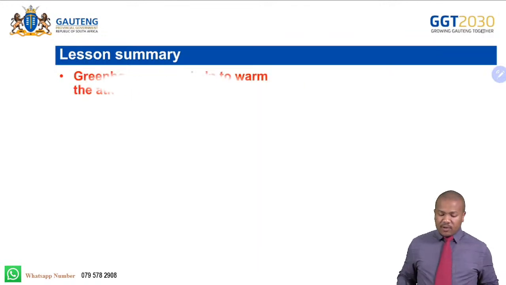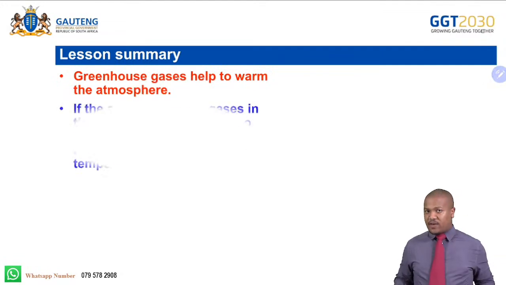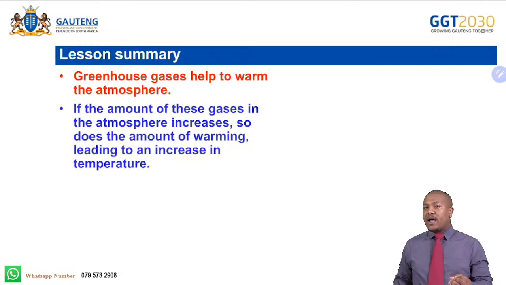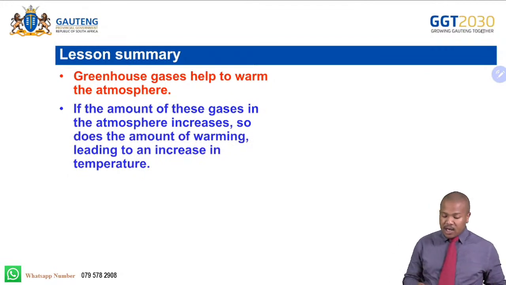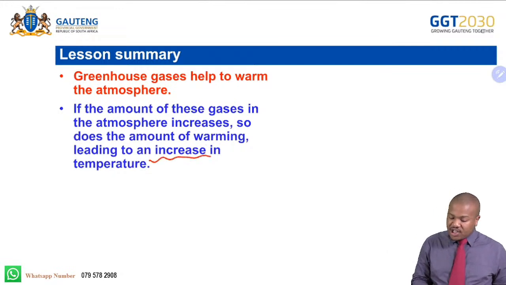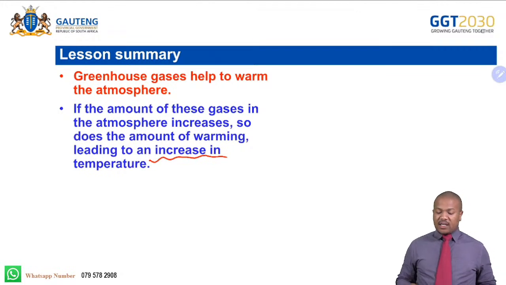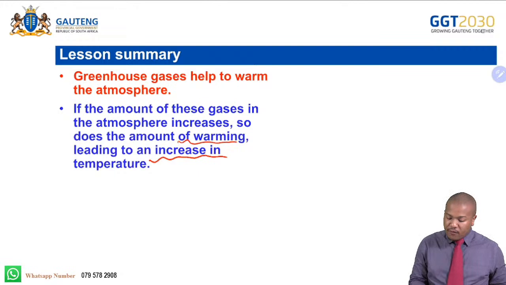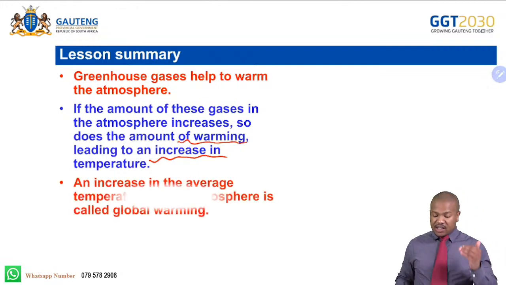We also talked about the fact that greenhouse gases help to warm the atmosphere. And if the amount of these gases rises, so as the what? The temperature will rise. So if the amount of these gases in the atmosphere increases, so does the amount of warming, leading to an increase in temperatures globally.